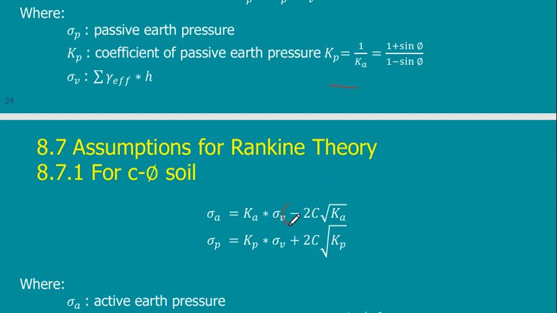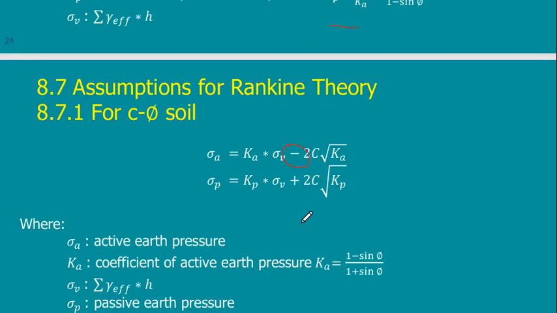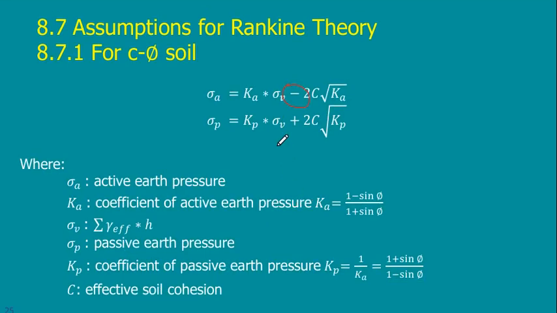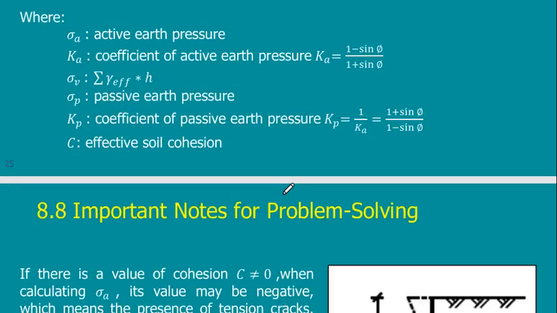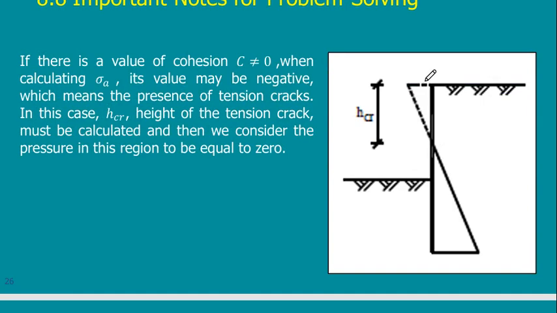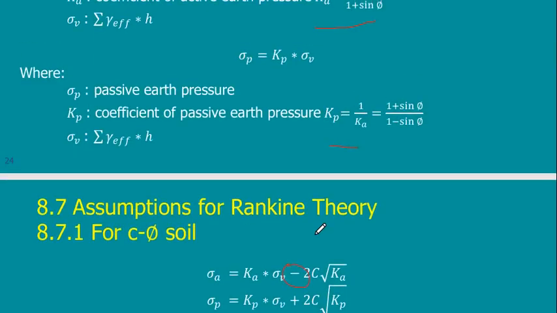Take care that in this equation for the active zone I have a negative sign. This negative sign has a major effect on having something special, which is the crack. If I have a C soil here, the contribution of the phi here is 0. I don't have phi in the equation, so it is only C that is working.